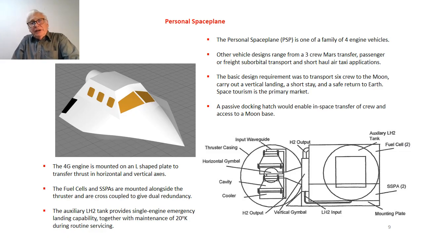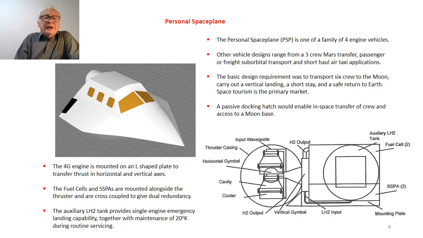If you look at the configuration of the engine mounting given in the diagram on the lower left-hand part of the slide, you'll see that the basic thruster casing itself is mounted on an L-shaped plate to give thrust transfer in horizontal and vertical axes.